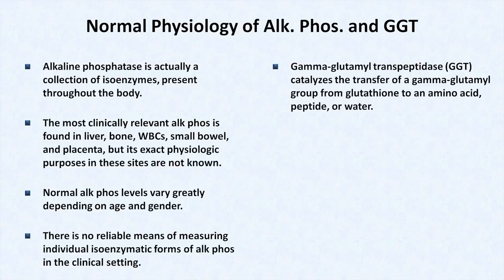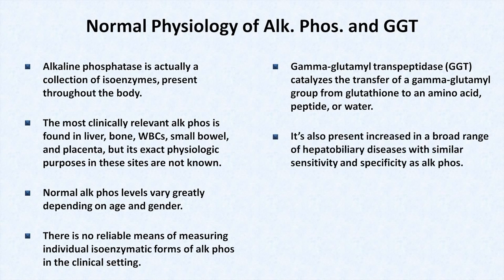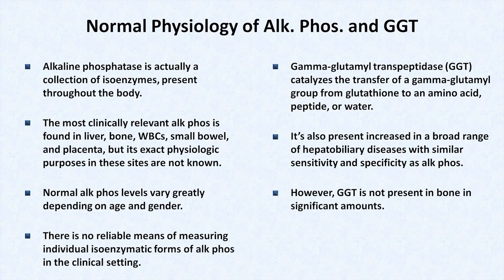Gamma-glutamyl transpeptidase catalyzes the transfer of a gamma-glutamyl group from glutathione to an amino acid, peptide, or water as part of the rarely discussed gamma-glutamyl cycle. GGT is also increased in a broad range of hepatobiliary diseases, with similar sensitivity and specificity as ALK-Phos. However, GGT is not present in bone in significant amounts.